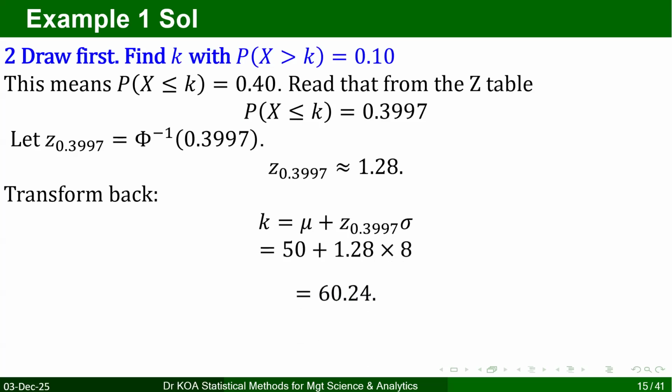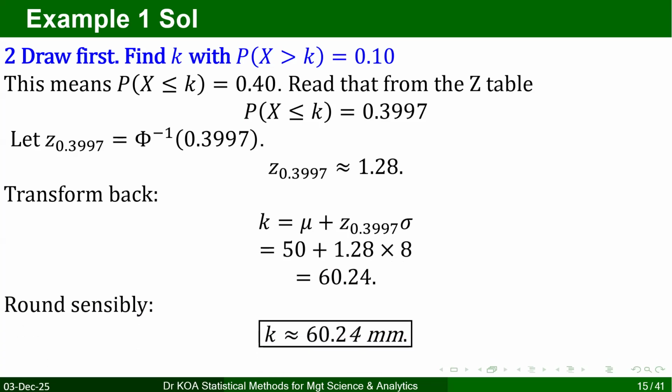I'm sure you all understand the principle. 60.24. Yes. So that is how you do it. This is an examinable question. When you round this up, you get 60.24 milliliters.